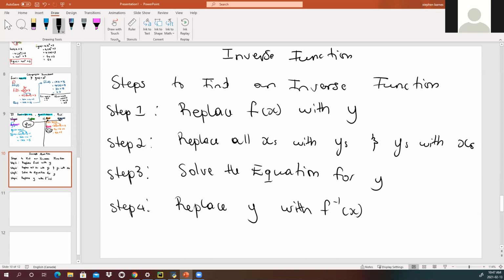All right, so those are the steps you would follow if you are finding the inverse of a function f of x. So write down those steps. I'll give you a minute and then we will talk about really what an inverse function is.